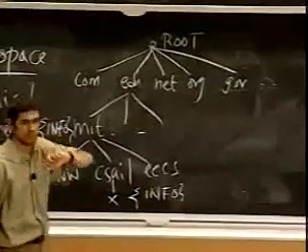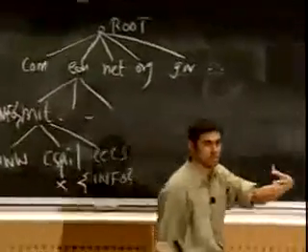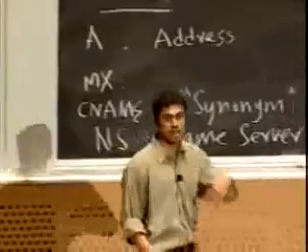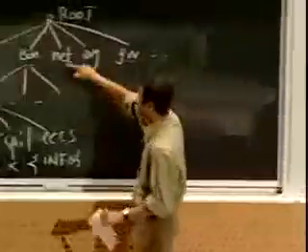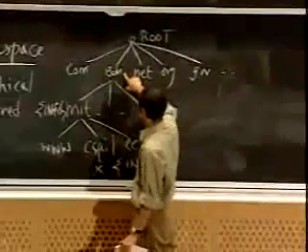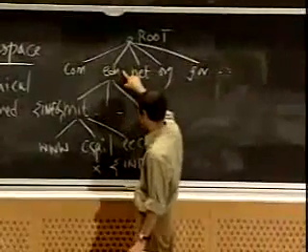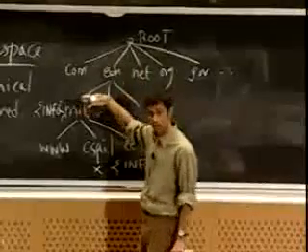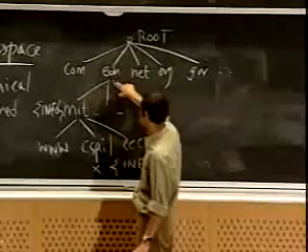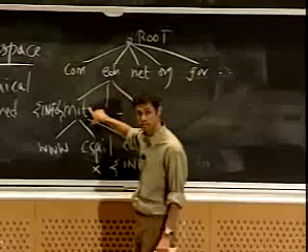That NS record gives the name of the machine that's responsible for managing all of the names that end with mit.edu. So for example, edu, in general, may not know anything about how csail.mit.edu is really mapped. But all edu needs to know is what the NS record is for mit.edu.